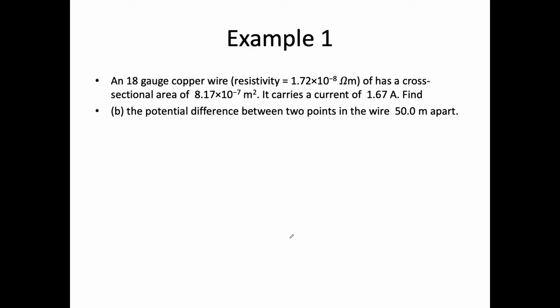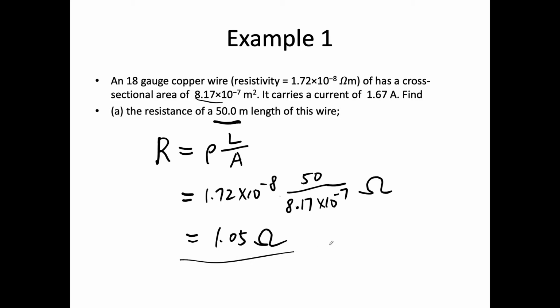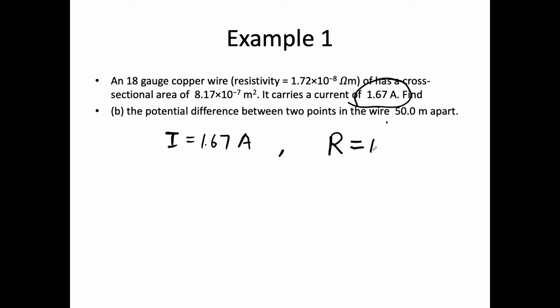The next part asks what's the potential difference between 2 points. It tells us the current is 1.6 amperes, and we know the resistance we just calculated, and it asks us what is V. So which equation are we going to use?